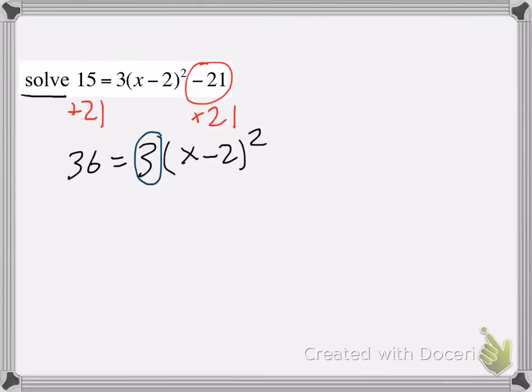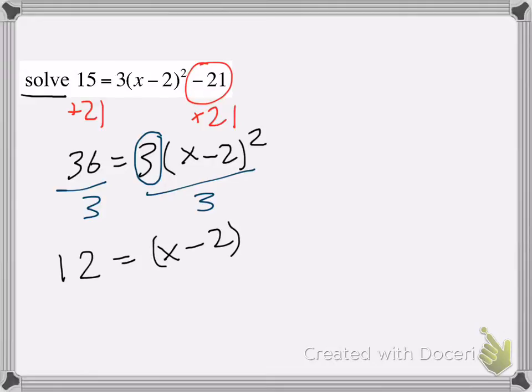And now I don't want to distribute here because that's actually going to end up making this side more complicated. And what I'm trying to do is make this side simpler, right? So instead of distributing here, let's divide by 3 to move this 3 over to the other side. And now I have 12 equals x minus 2 squared.